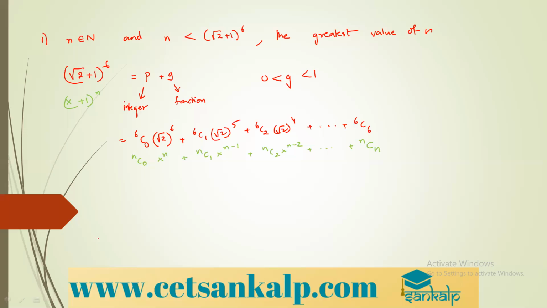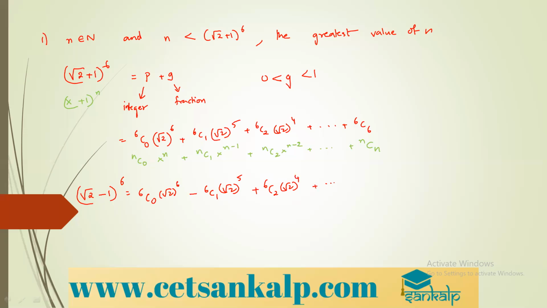Now, in the same way, I will take the expansion of (root 2 minus 1) whole power 6. In this, it will be nothing but 6C0 root 2 power 6. The next term will be minus, one term plus, one term minus. Again plus 6C2 root 2 power 4.